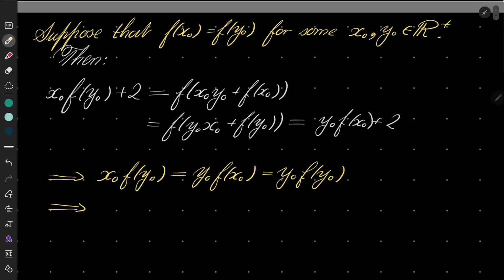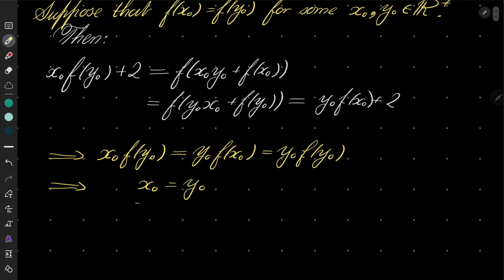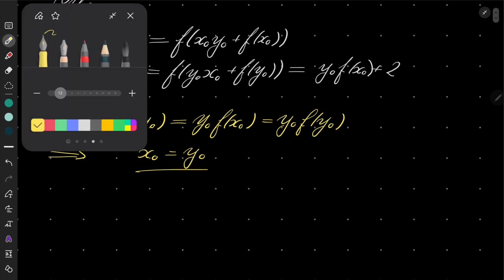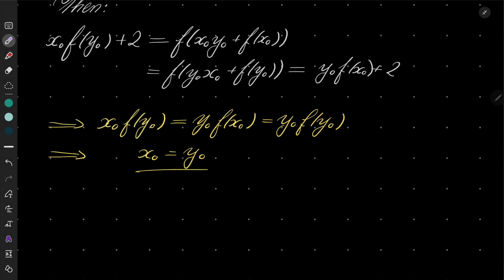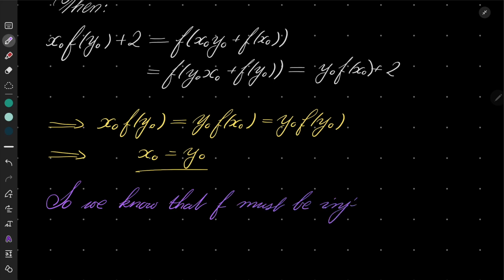So that means that x0 equals y0, which exactly proves that our function is injective. Let's write it in pink. So we know that f must be injective. Very well, so now we know something.